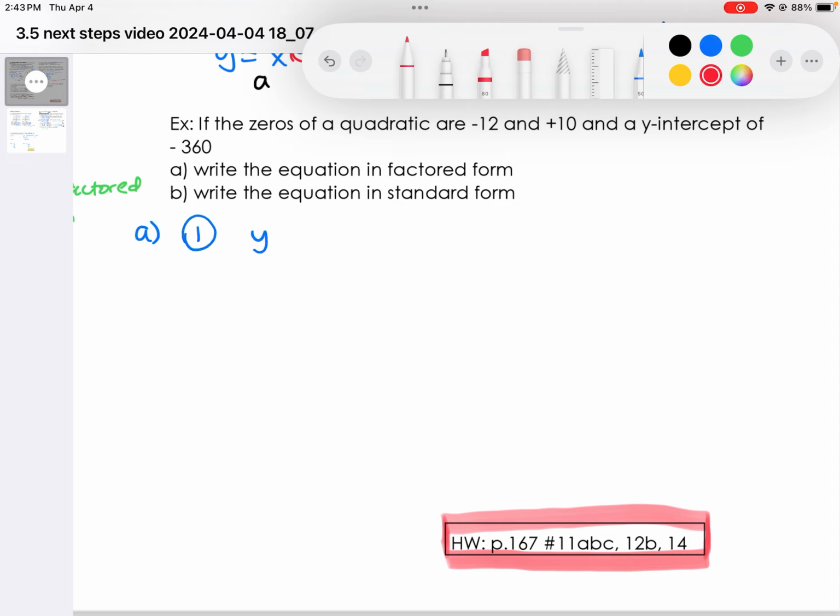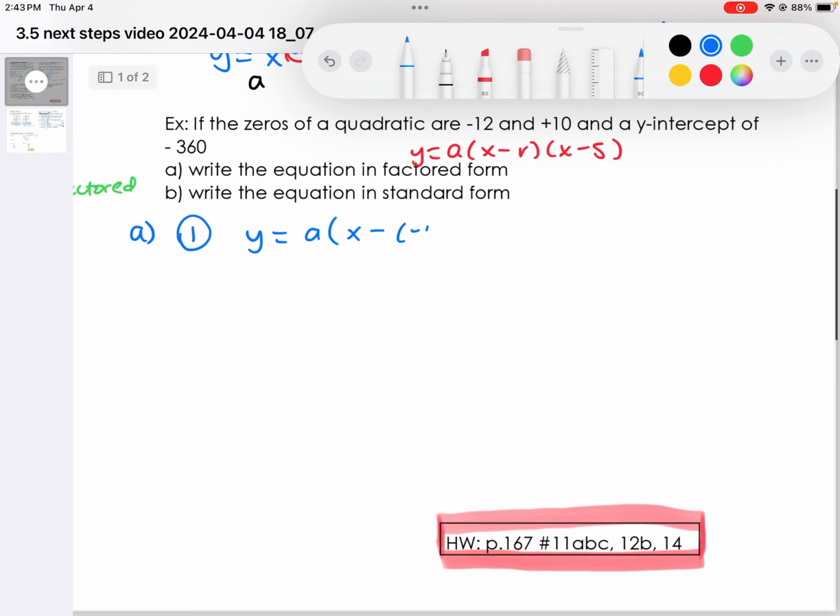I'll even remind us what this looks like, the general form. Or you could have just changed the signs if that's what you like to do. Number 2 would be solve for A.